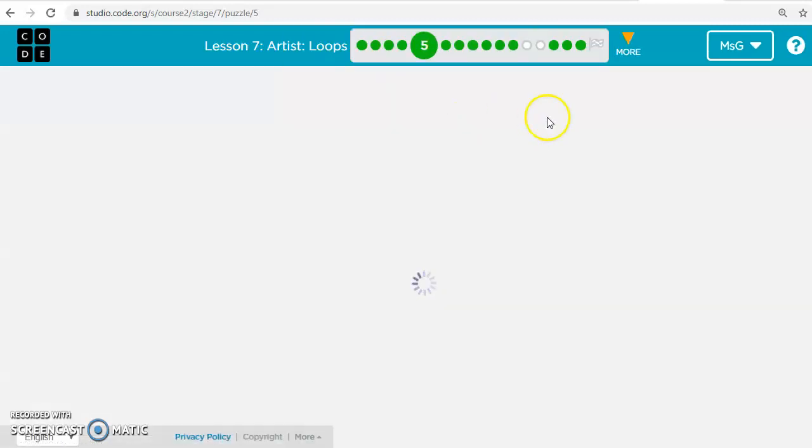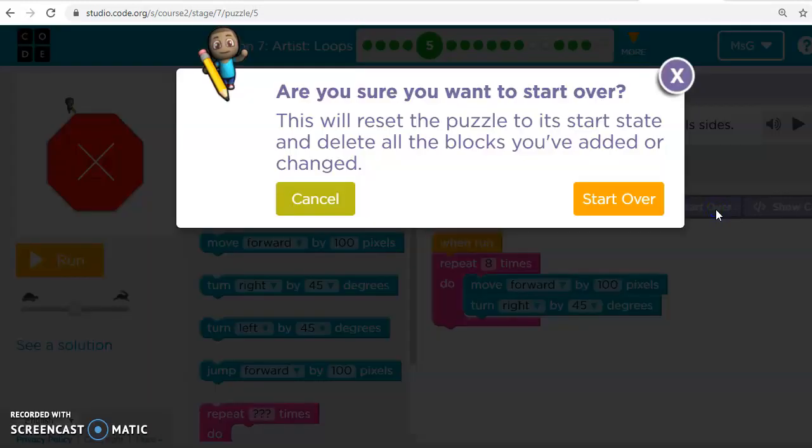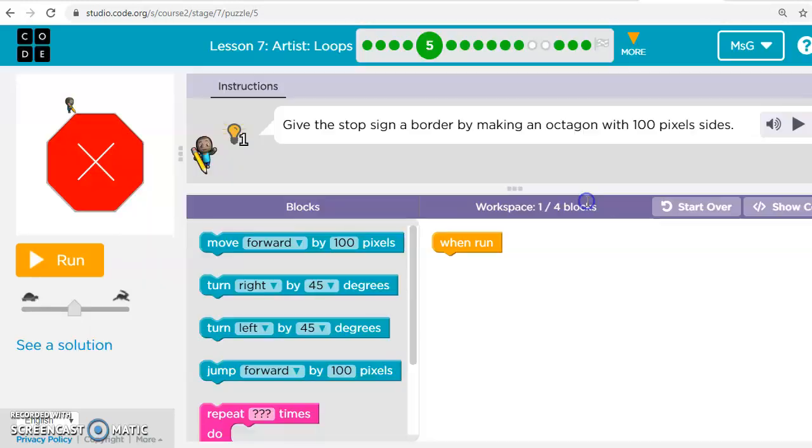Okay, for our next puzzle on the worksheet, puzzle number 2, looks like a stop sign. It says, give the stop sign a border, that means the outer edges, by making an octagon with 100 pixel sides, but we're only allowed to use 4 blocks. So an octagon is an 8-sided shape.